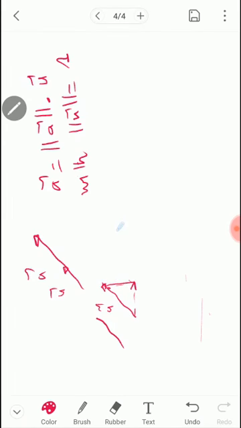For example, let's say we have this vector A. We can say that A is equal to its magnitude A multiplied by a vector, call it u, with the magnitude of u equal to 1.